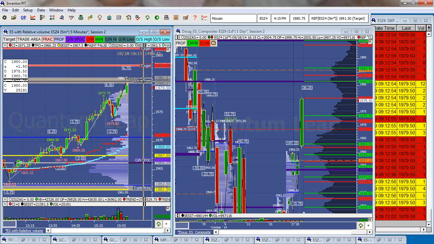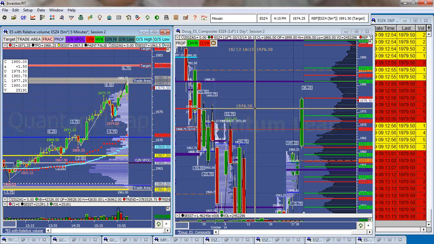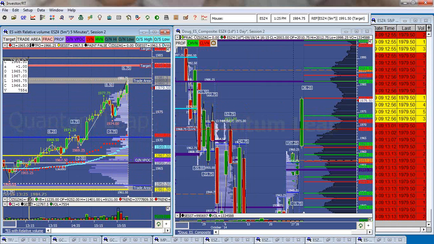And then if we reject this and we rotate back down, our first target below is going to be this area right here at 77. I'm going to use 76.50 up to 77.